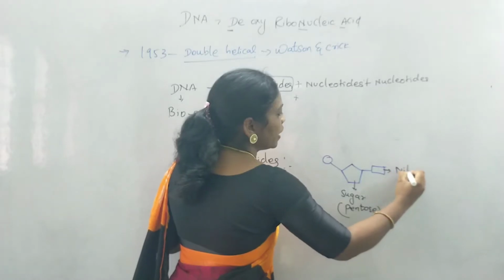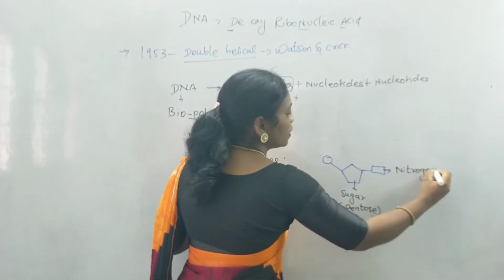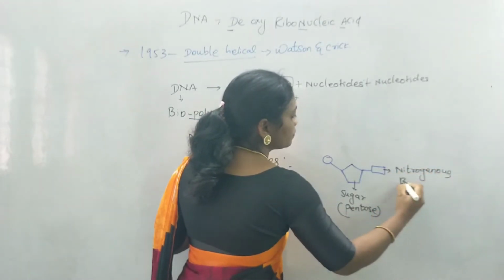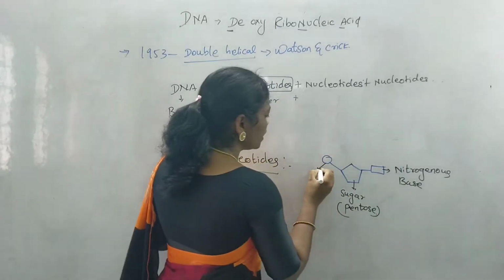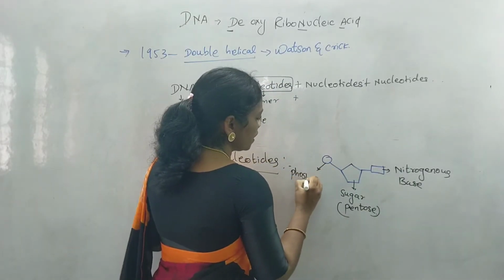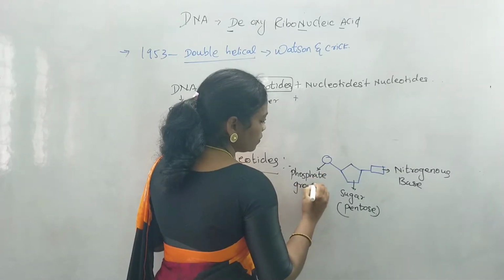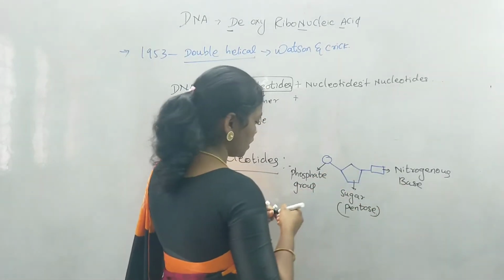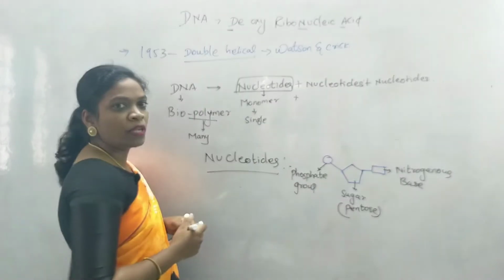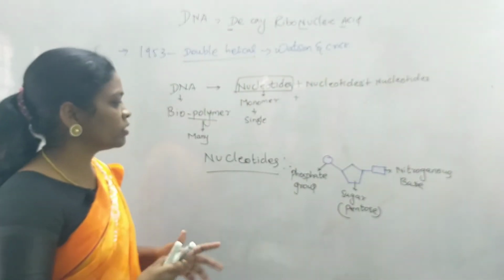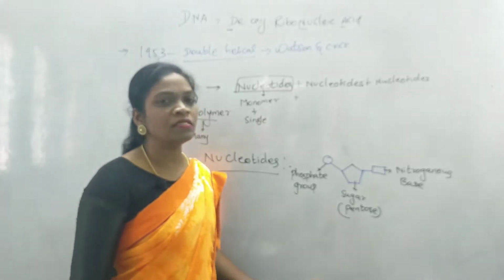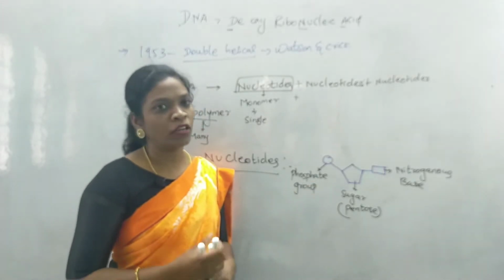This is the nitrogenous base, and this is the phosphate group. All these three combine together and form a single nucleotide. Now we'll see one by one what these structures are and how they form the DNA molecule.